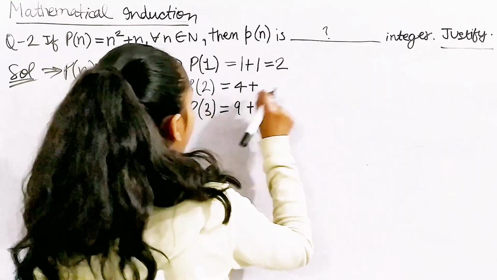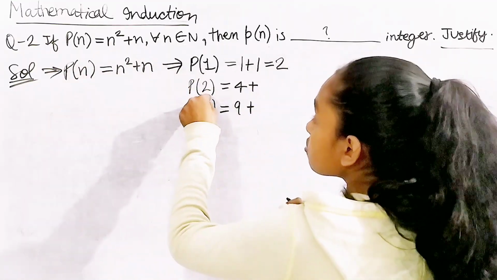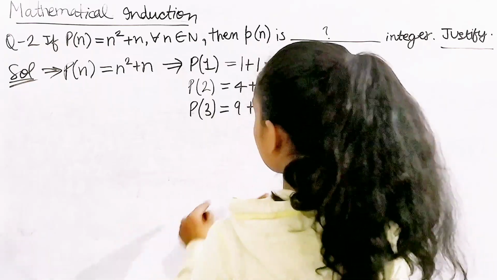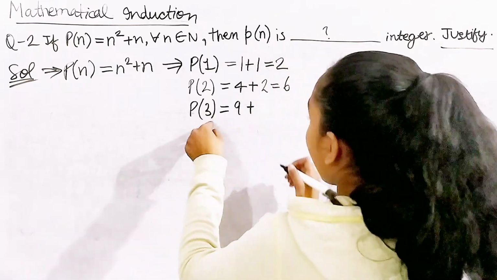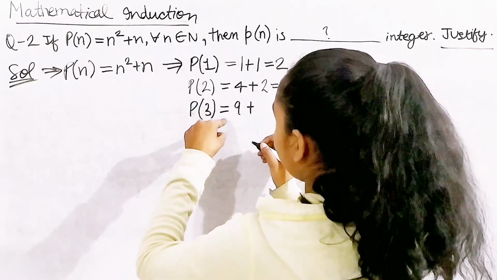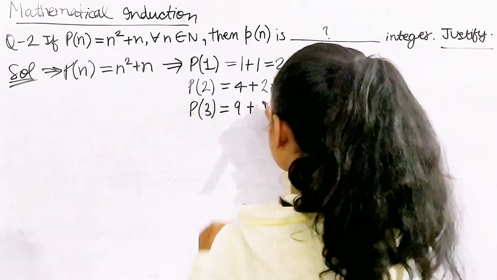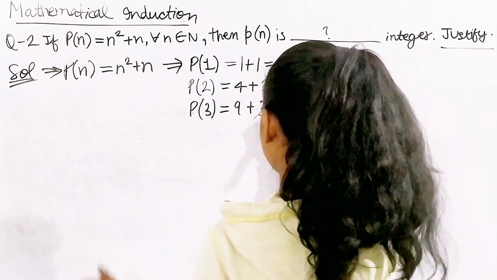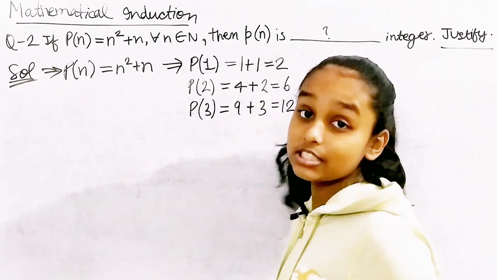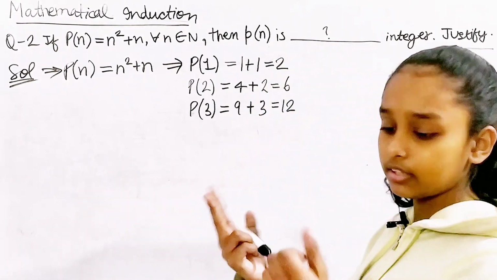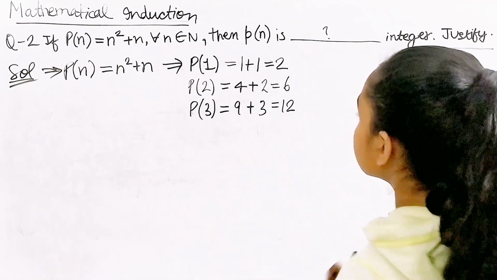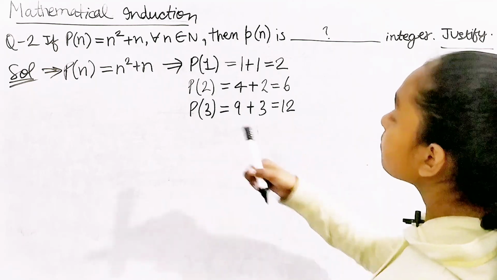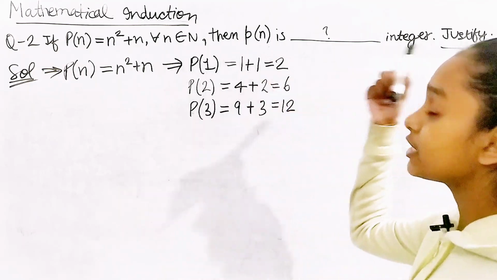So 4 plus 2, since n is also 2, is going to be 6. 3 squared will be 9, and the value of n here will be 3, so 9 plus 3 is going to be 12. So P of 3 is 12, P of 2 is 6, P of 1 is 2.